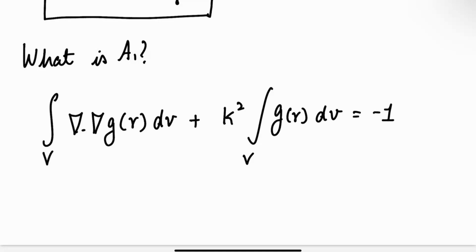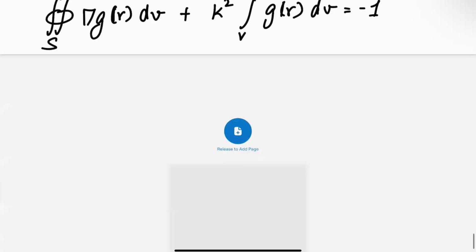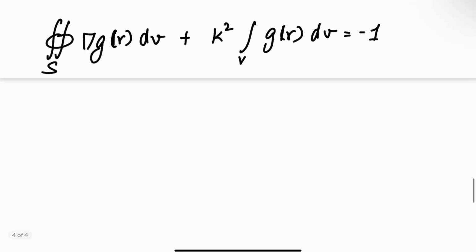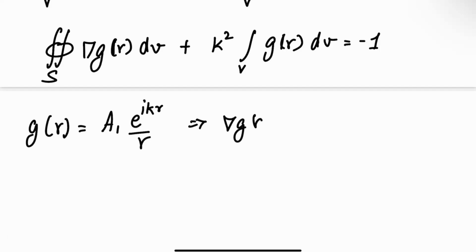And then I can apply the divergence theorem, gradient of G of r dV plus k square volume integral G of r dV equal to minus 1. Okay, and since we know that G of r is nothing but A1 e to the ikr over r, you can easily calculate the gradient in spherical coordinates.